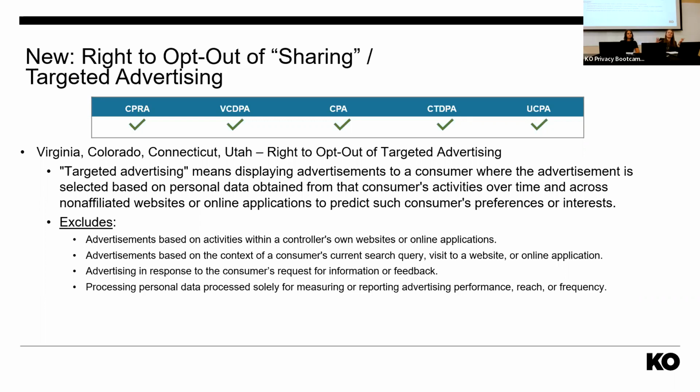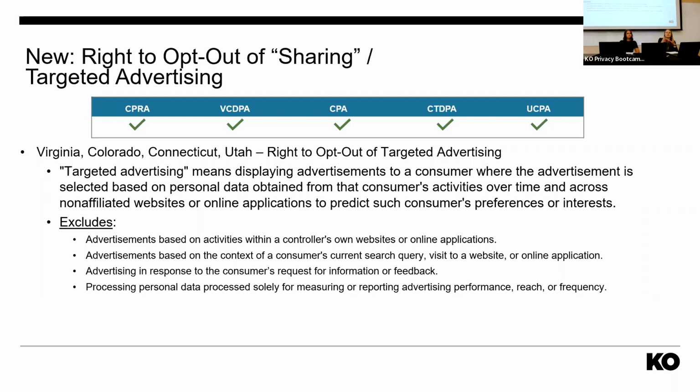The third is advertising in response to a consumer's request. So if they ask you for information, you're not going to get in trouble with the opt-out right because you provide the requested information back, even if it is an advertisement, and even if it's based on details about that person. And then finally, there are common exceptions, and if you looked at exceptions for advertising under the CCPA, what constitutes a business purpose as opposed to a commercial purpose, this is reflected in the other state laws.